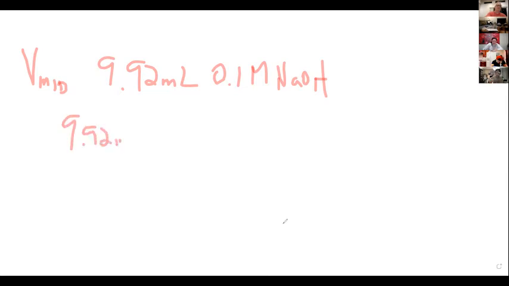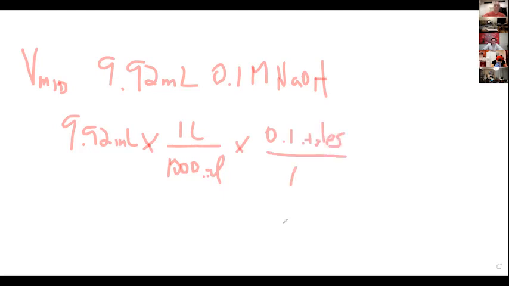So 9.92 mL times 1 liter over 1,000 mL times 0.1 moles per liter. That is 0.000992 moles of OH minus.